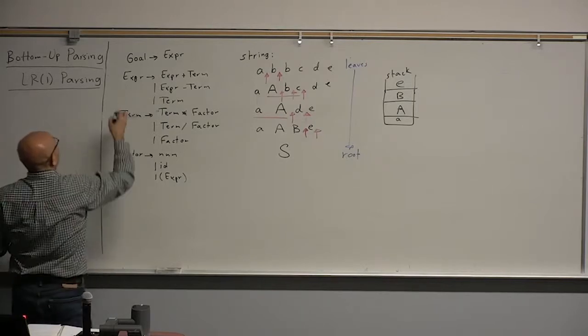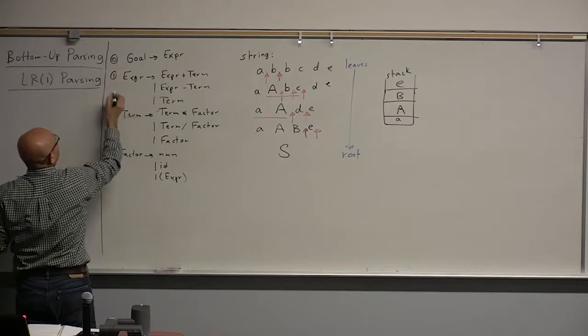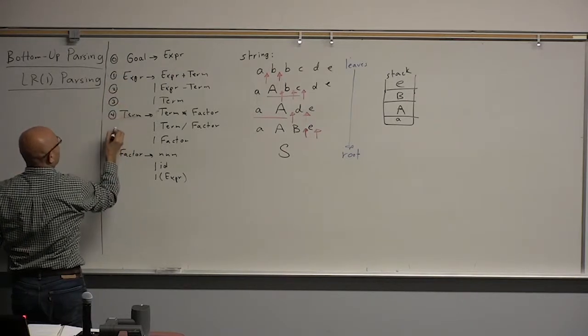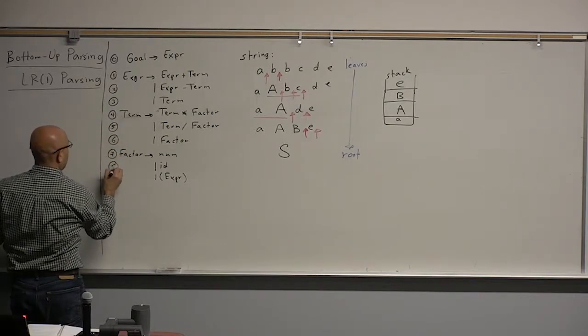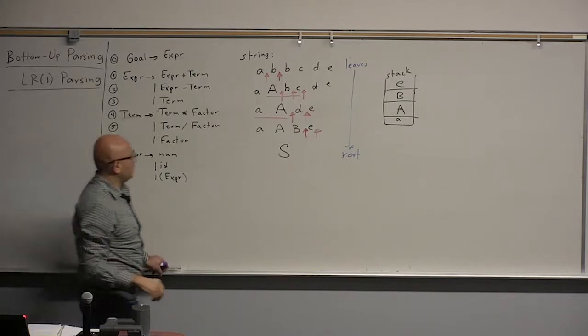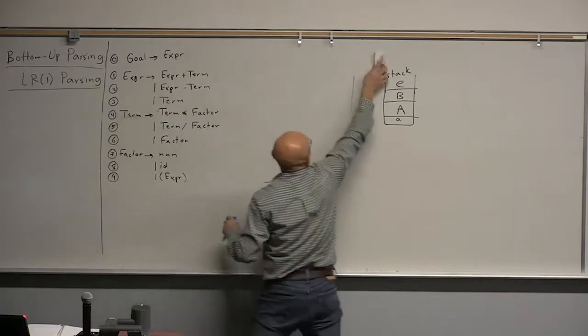So we number the rules. This is number 0, 1, 2, 3, 4, 5, 6, 7, 8, 9. We have 9 rules. And let's see how we can parse the string.